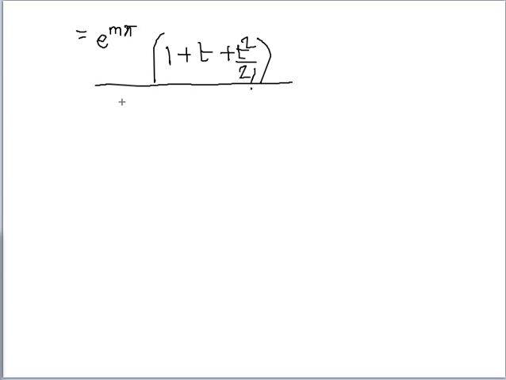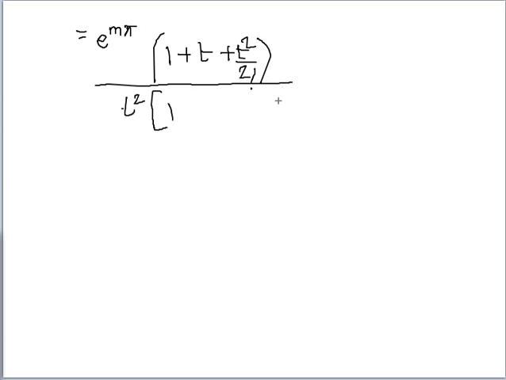The numerator becomes e to the power m pi times 1 plus t plus t square by factorial 2 and so on, upon, in the denominator, if I take t square outside, the first term will become 1, because the first term is t and the power is 2.